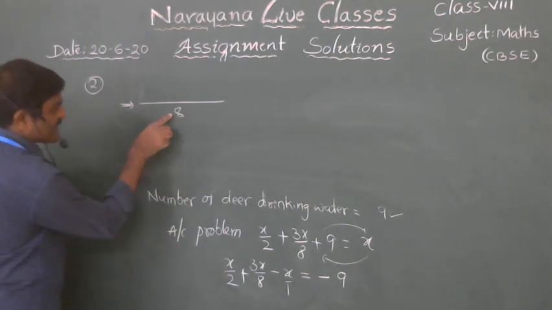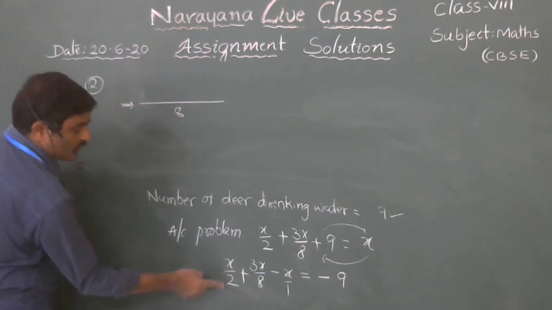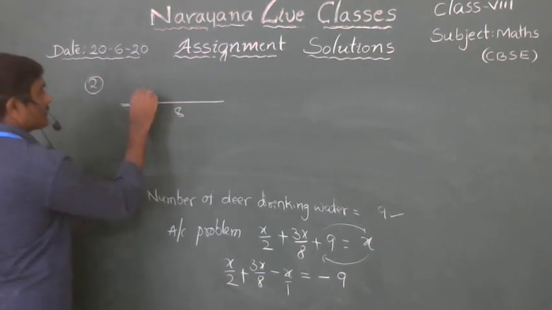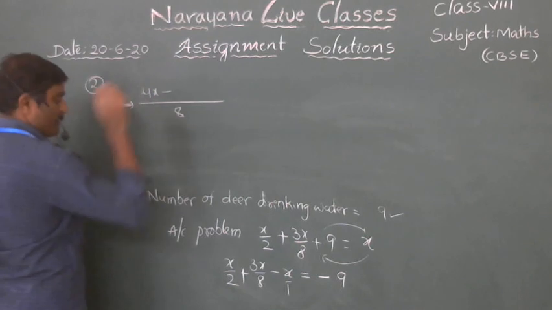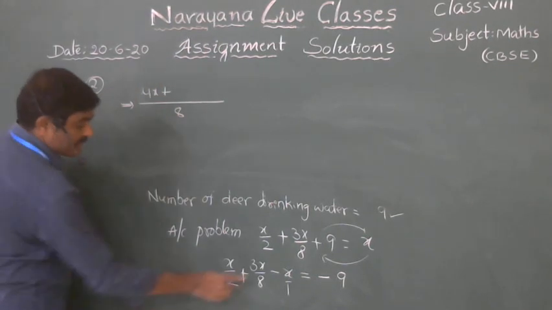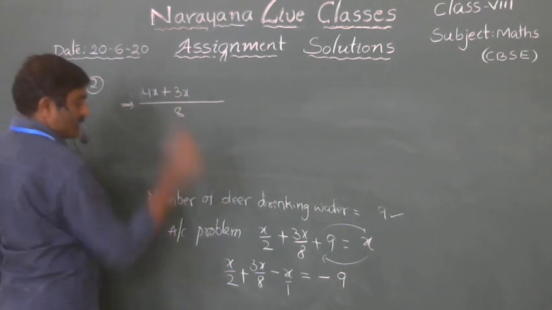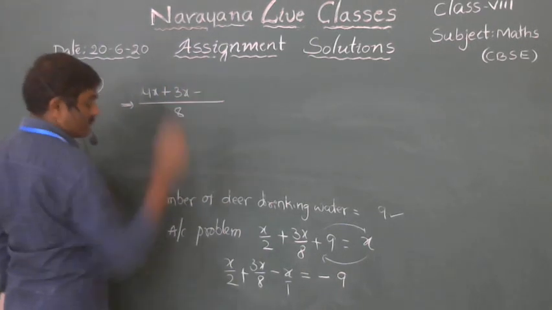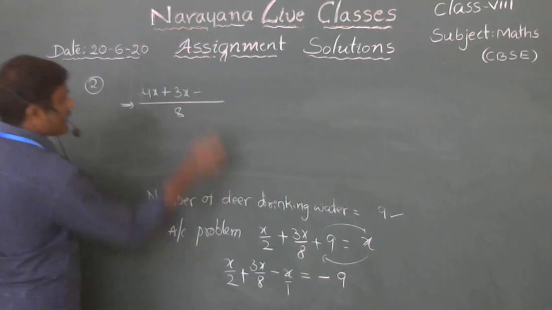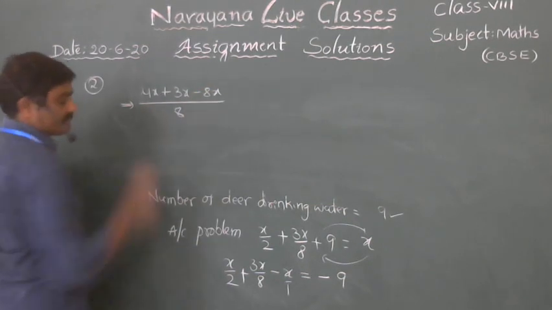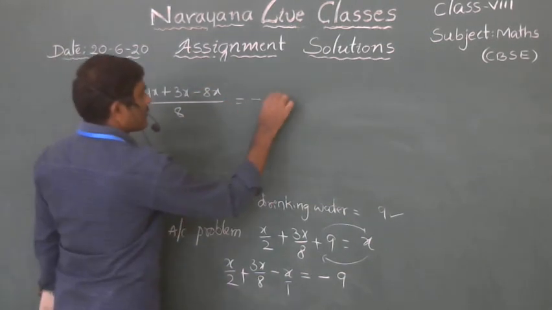Now 2 fours are 8, that means 8 by 2 equals 4, 4 into the numerator x, 4x. Plus 8 ones are 8, 1 into 3x, 3x. The next symbol is minus: 8 ones are 8, 8 into x, 8x, is equal to minus 9.